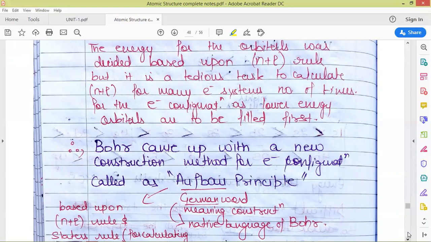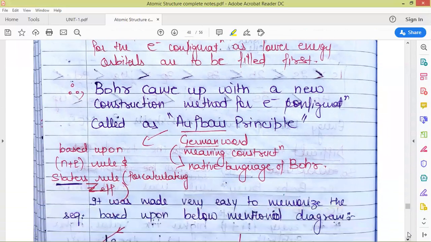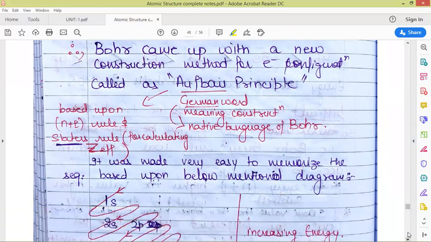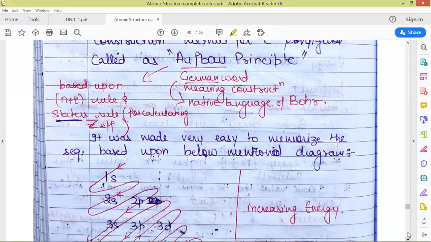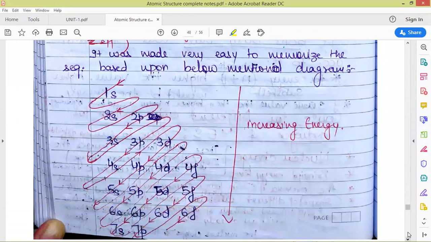Aufbau is a German word, Bohr's native language, which means construction. Based upon the n plus L rule and Slater's rule, which gives the value of Z effective, he gave this construction method, with which we can easily arrange the energy levels for different orbitals.